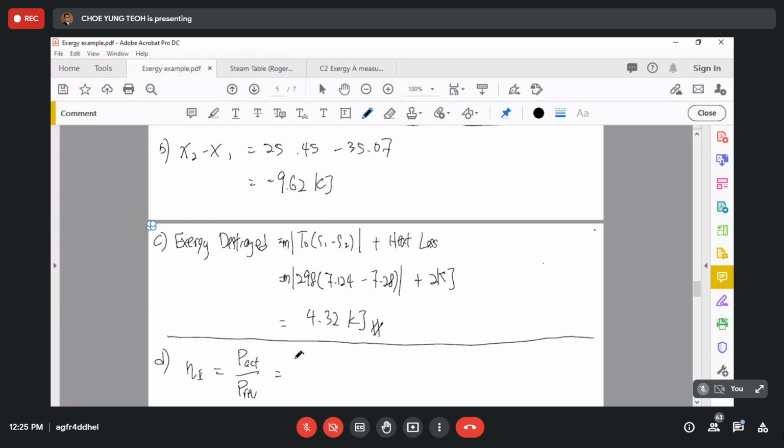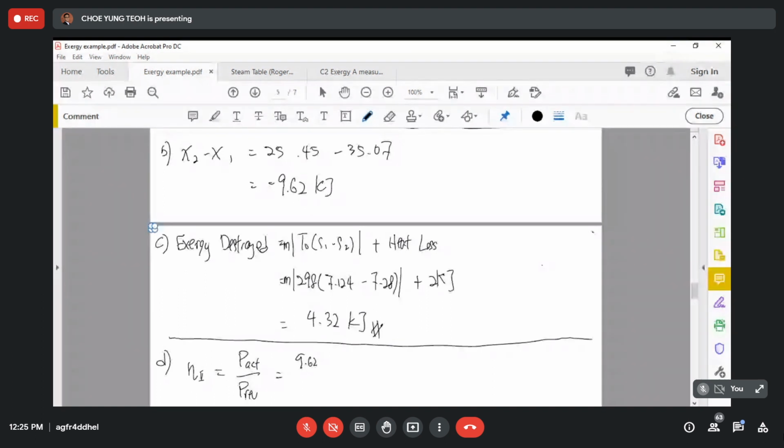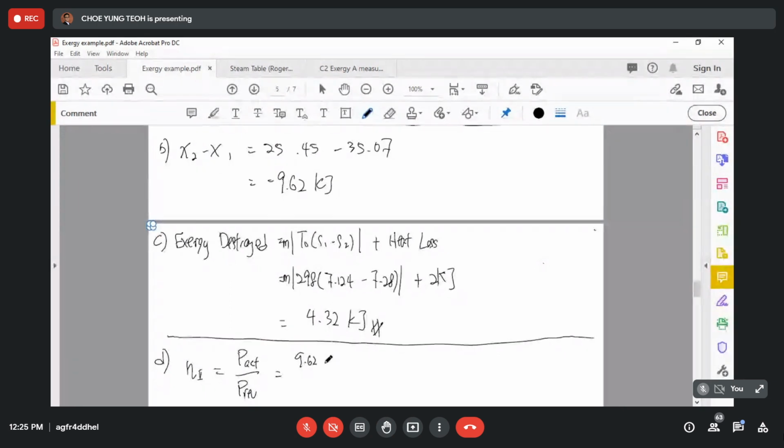So 9.62 is the total exergy change of the process. So this will be the reversible power minus the total losses, 4.32, divided by the reversible power, 9.62. You notice that here the exergy change is negative 9.62.